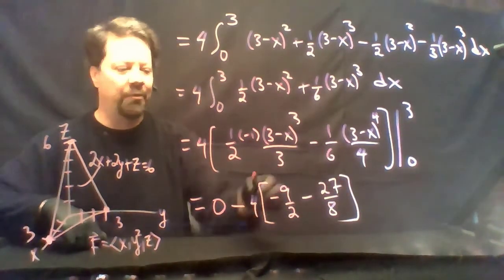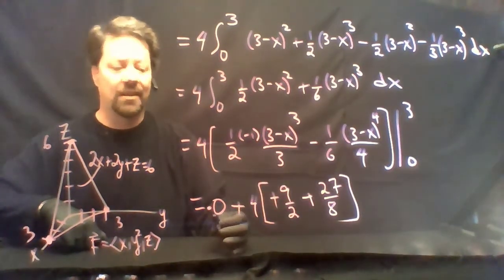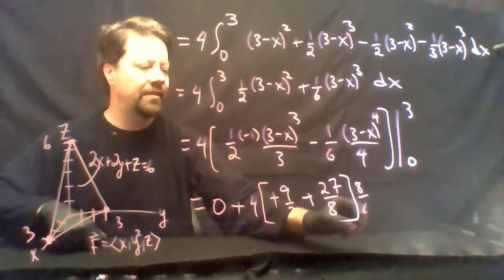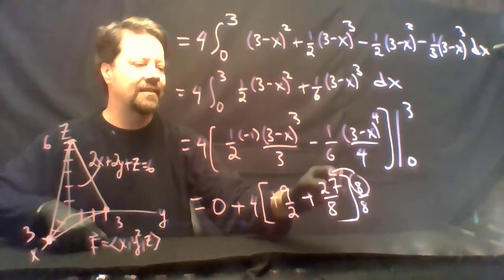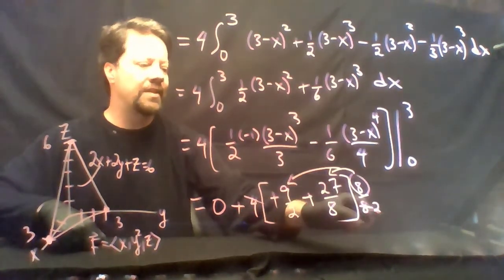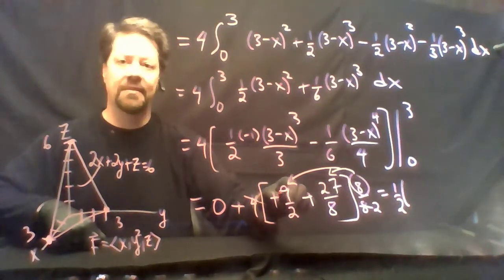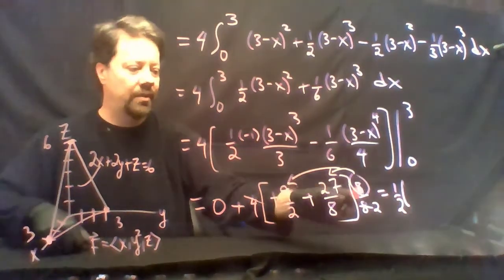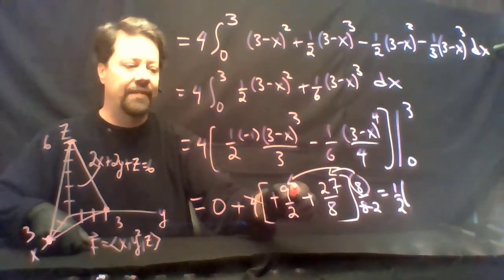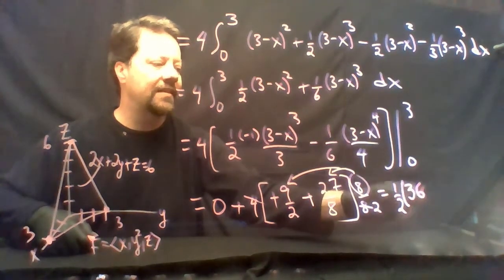To simplify what remains, we can distribute a negative, and we can also multiply by 8 over 8. We'll distribute this 8 to cancel both fractions inside. We can reduce the other 8, and we'll have 1/2 times 9 times 8. When we distribute, 8 will cancel the 2, leaving 4. 4 times 9 is 36.